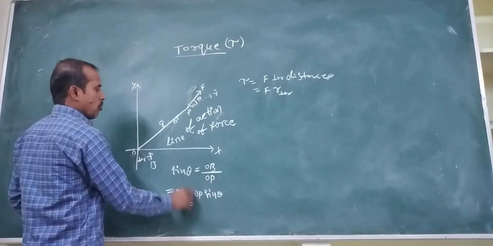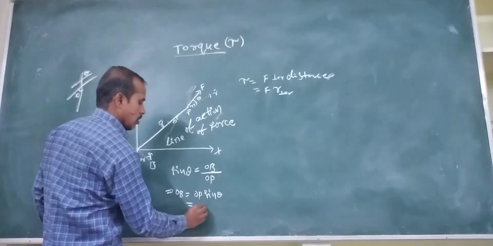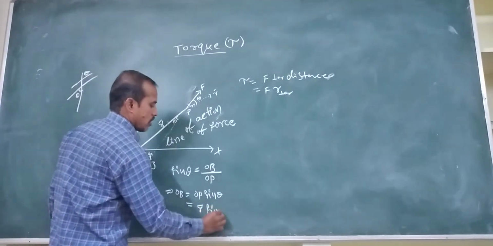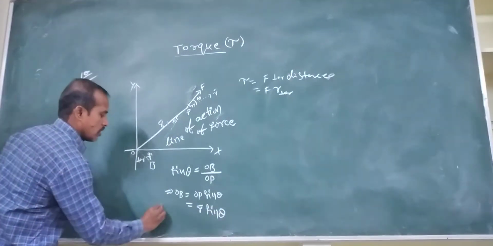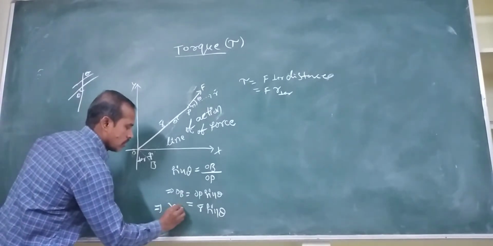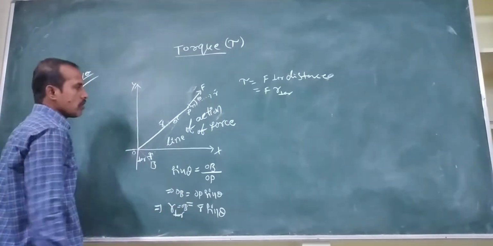But here OP is the position vector of the particle, so OB is equal to r sin theta. This one is the perpendicular distance OB.